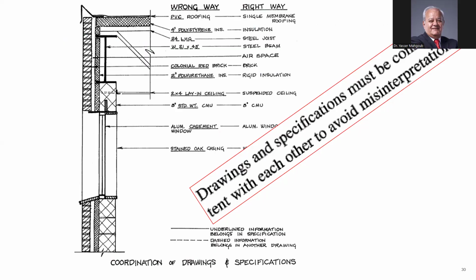As we said, drawings and specifications must be consistent with each other to avoid misinterpretation. If you write something in the drawing, it has to be exactly what is in the specification and the bills of quantities, as we will see.